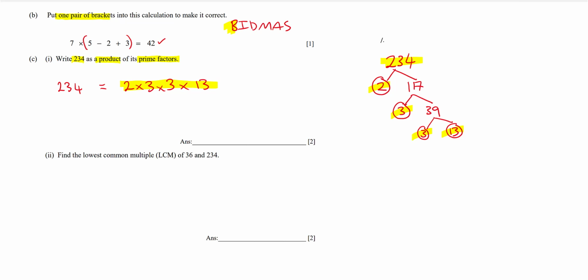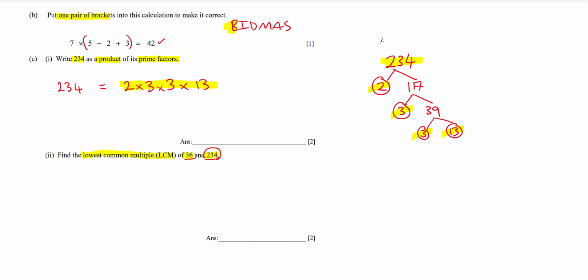For question 1C, part 2, we need to find the lowest common multiple, or LCM, of 36 and 234. So to do this, we're going to start by writing both of these numbers, 36 and 234, as a product of their prime factors. So we've already got 234 as a product of its prime factors.